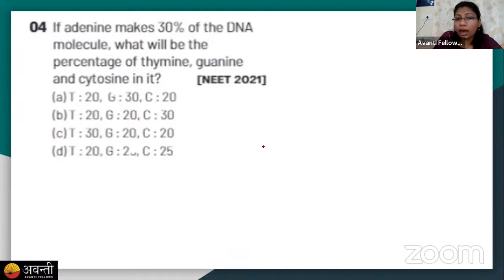Okay, we know that in DNA we have the four nitrogenous bases present: A, T, G, and C. Okay, now give your answer in this poll. Which option is correct regarding the percentage of thymine, guanine, and cytosine, where the percentage of adenine in a DNA is 30%?